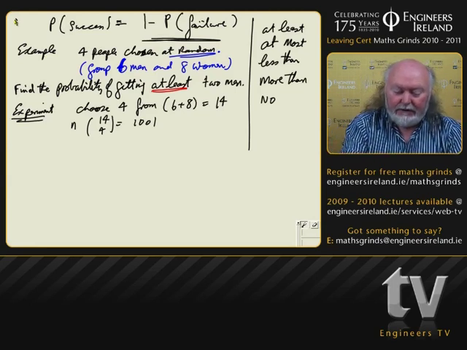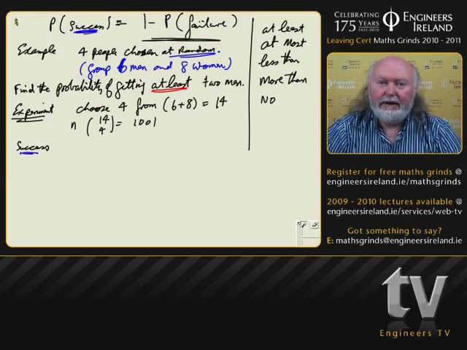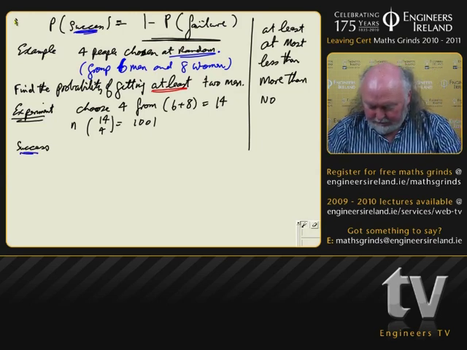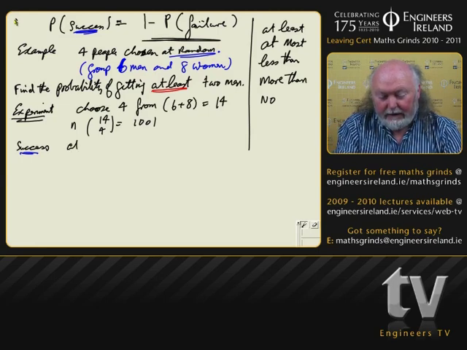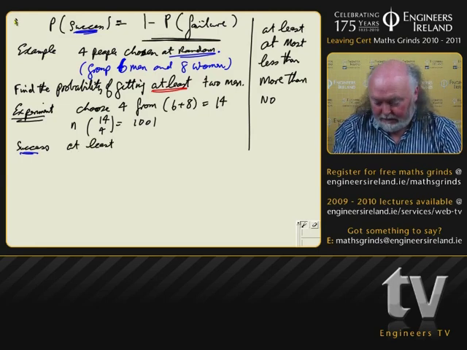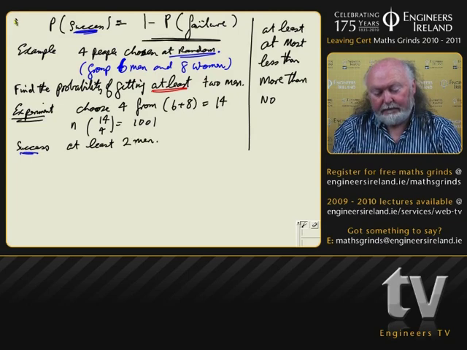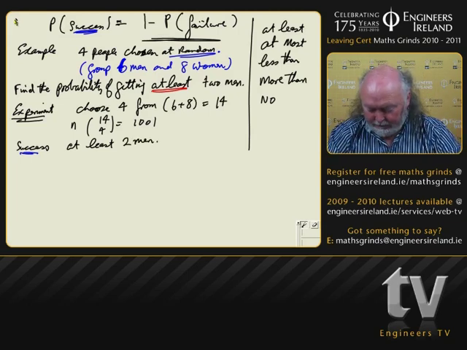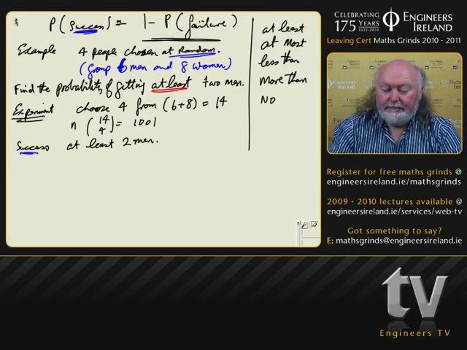Okay, so what is success here? That, as you can see, is using this word up here. What are we going to define as being success for us? At least 2 men. So we can now define failure.